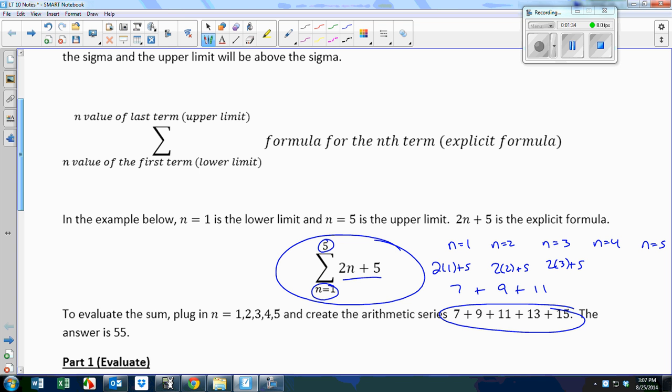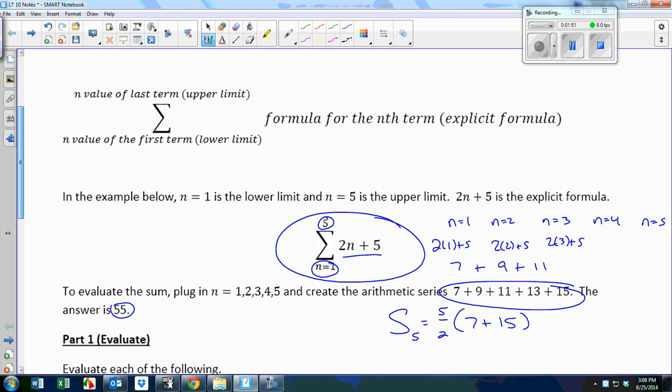Then you'll add those up and get 55. Because that pattern is arithmetic, we could have also used the sum of an arithmetic series formula for those 5 terms: 5 divided by 2, times first term 7 plus last term 15, and got 55 that way as well.